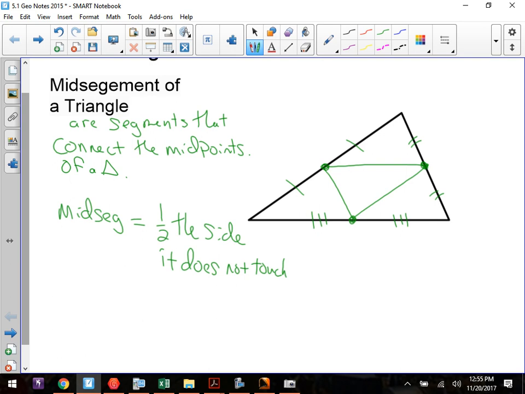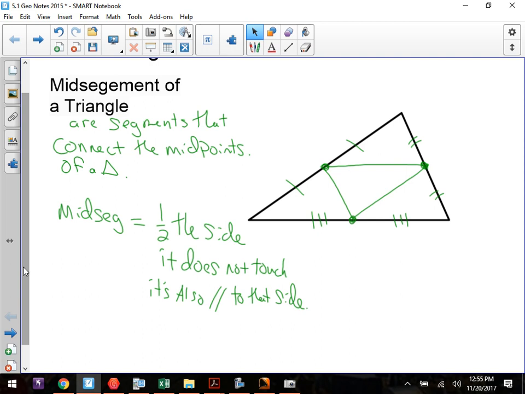So the mid-segment will always equal half the side it doesn't touch, and it's also parallel to that side. Okay. So mid-segments are half the side that they don't touch, and they're also parallel to that side that they don't touch.